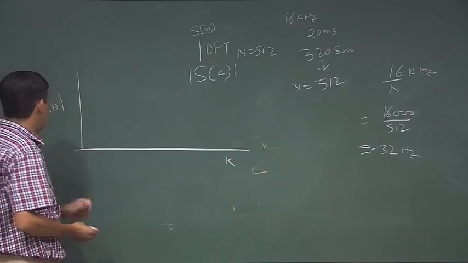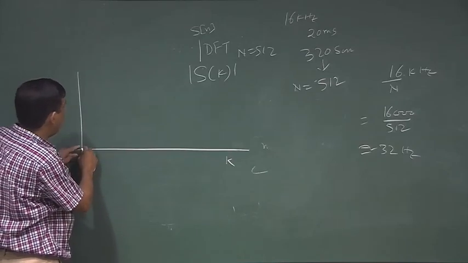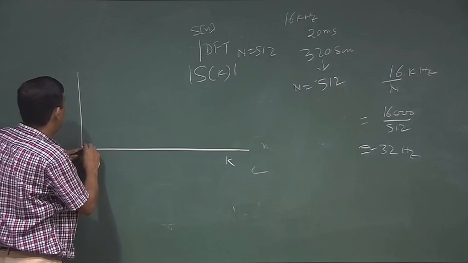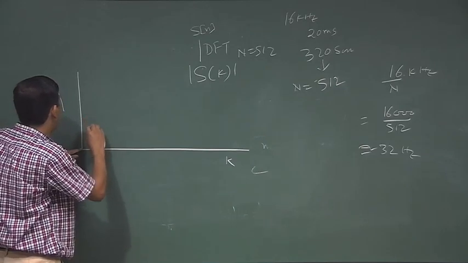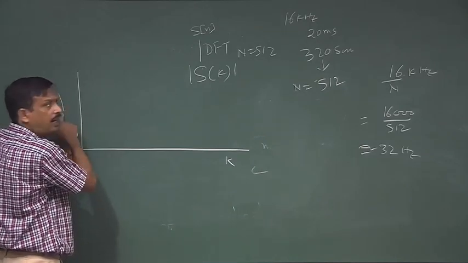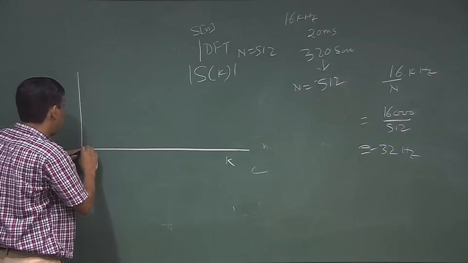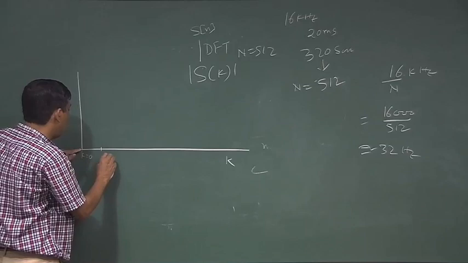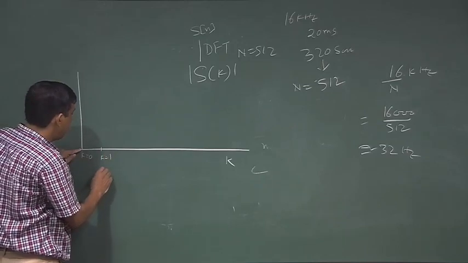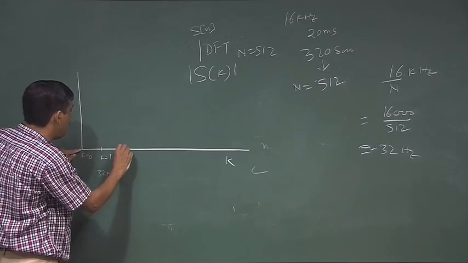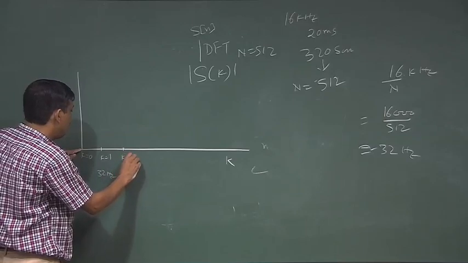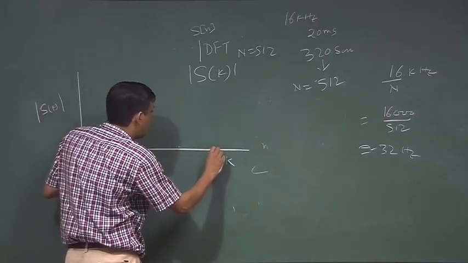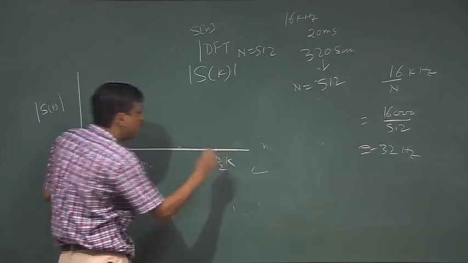Here, k equal to 0 and then k equal to 1. So, k equal to 1 means 32 hertz, k equal to 2 means 64 hertz. That is why it goes on up to N by 2.